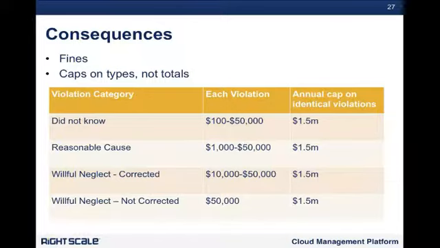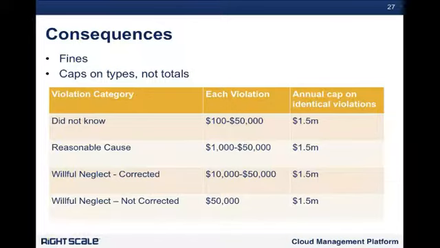The 500 is specifically mentioned in the Omnibus Rule, and it gets to who you have to notify and how. This varies, and then if there was reasonable cause, you should have been doing something, but it's not too bad, it was kind of there. You didn't know, but there's reasonable cause. So it's, again, kind of limited. If willful neglect, you just said, I'm not going to do it.